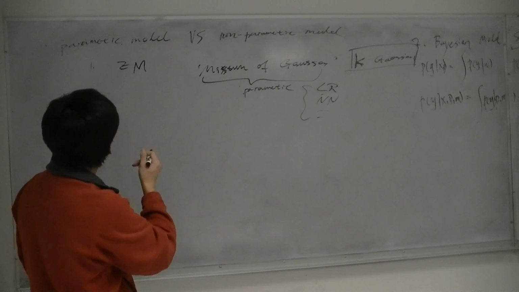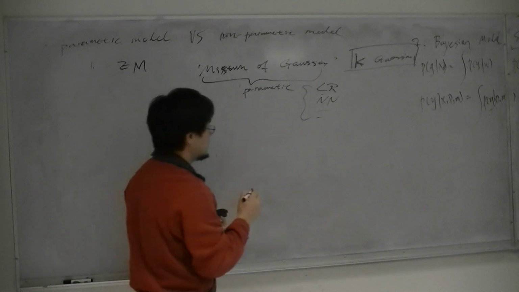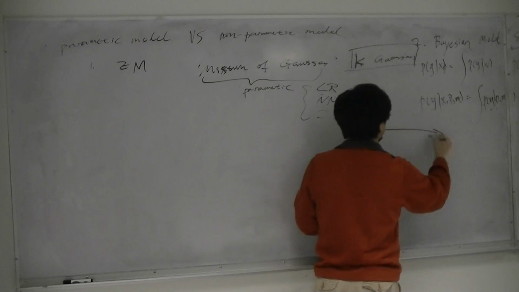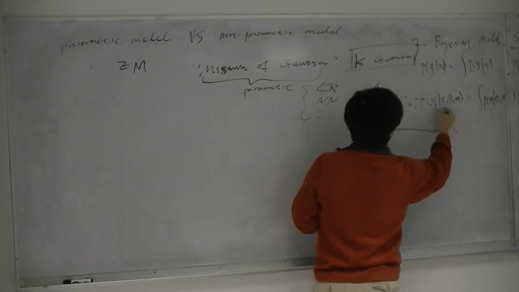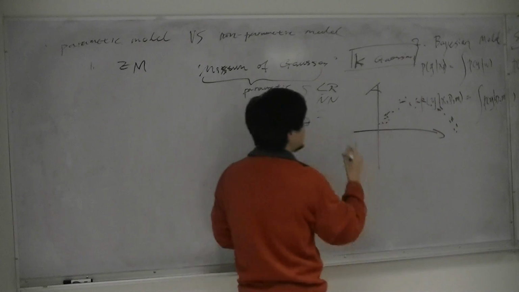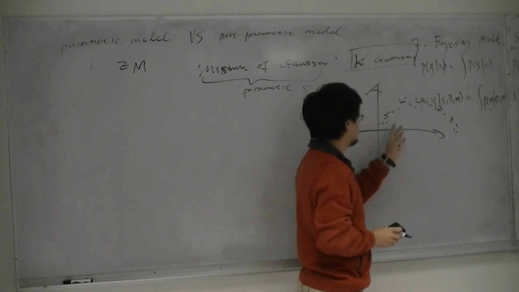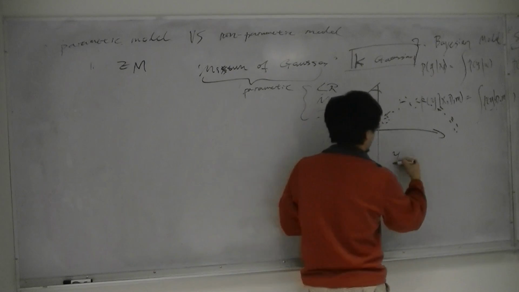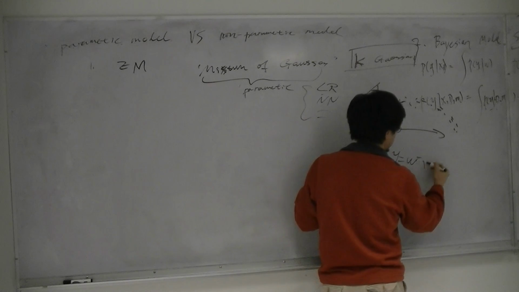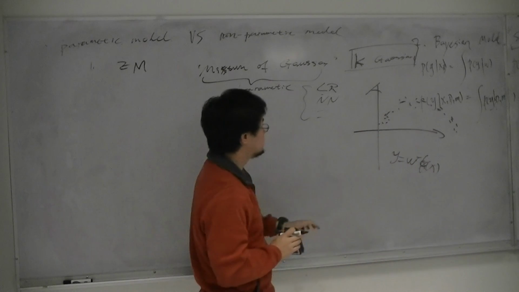And there are some non-parametric models. For example, when you do regression, the same problem. So if you have this data, and you want to fit a parametric model to this data, which means you have a form, any form is fine, phi of x.